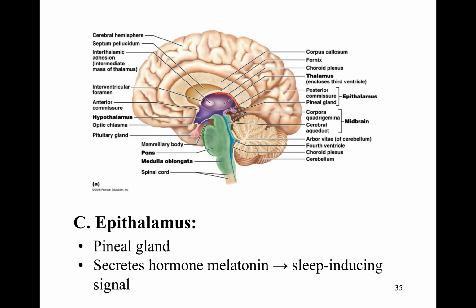Melatonin is a sleep-inducing signal, and so our epithalamus helps to regulate our sleep-wake cycle together with the hypothalamus. So the epithalamus and the hypothalamus function to regulate our sleep-wake cycles. The epithalamus does so by secreting a hormone called melatonin from the pineal gland.